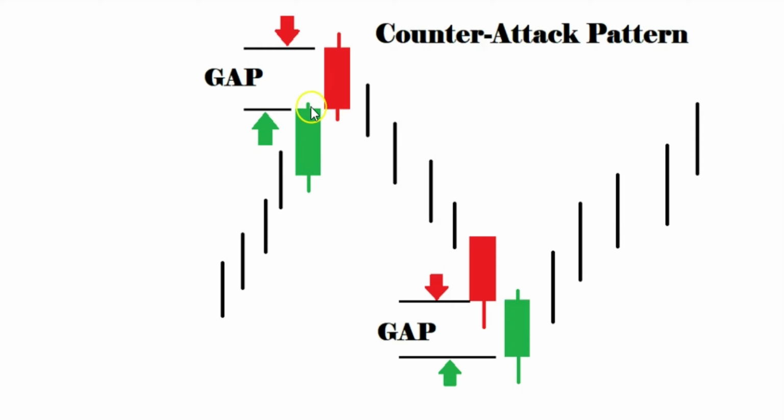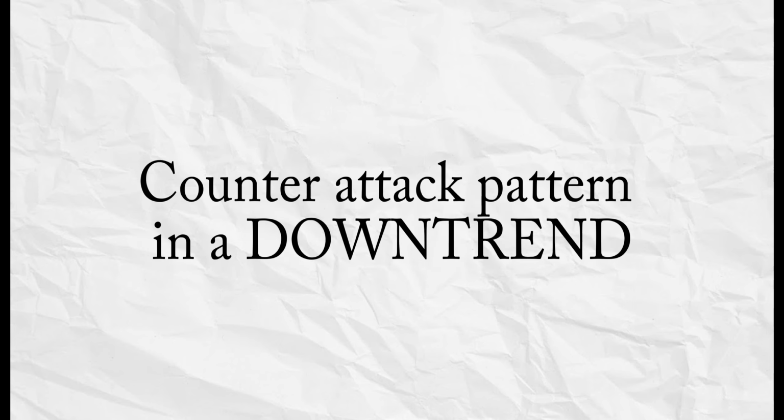This indicates a decrease in the uptrend movement, a weakening of the uptrend, and the possibility of a price reversal from uptrend to downtrend. In a downtrend, the counterattack pattern forms like this.